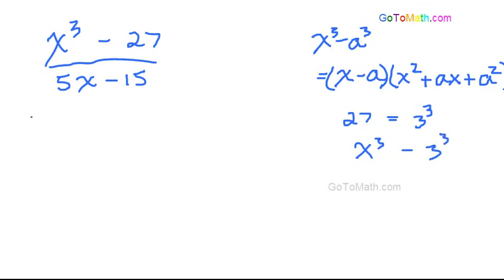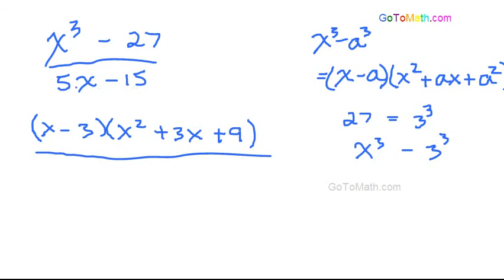Okay, so we'll go ahead and write it over here. So we have x minus 3 times x squared, now we're looking at this one here, plus 3x plus 3 squared, which is 9. Okay, so that's the numerator.